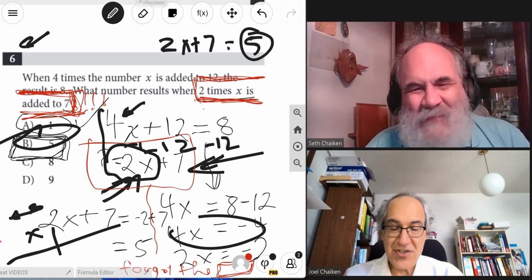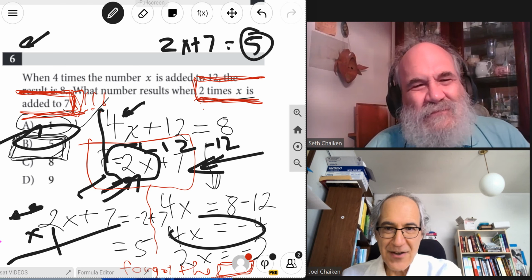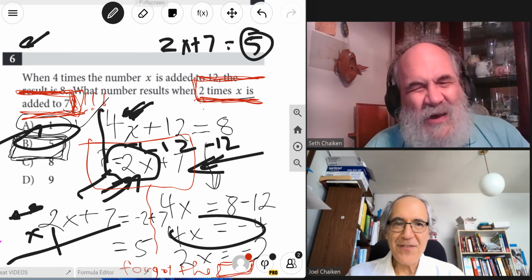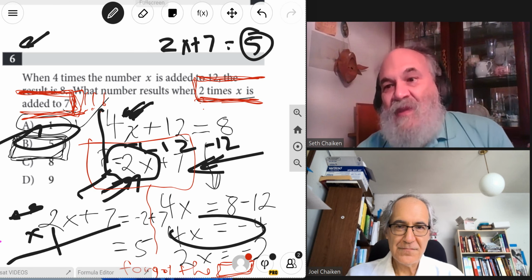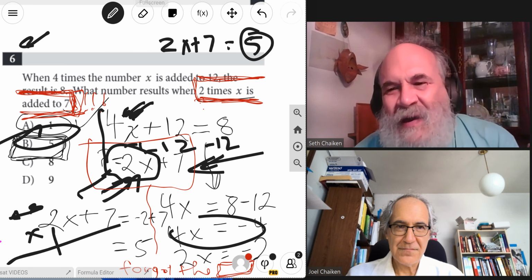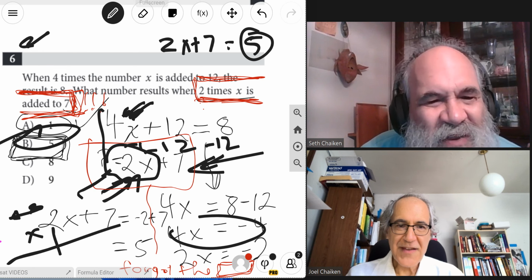The other thing is teachers have never asked you this question, right? You've never had a question in class where they've asked you to calculate 2x plus 7 given this. Right? So you've got to be ready. I suppose if they put sample questions from the SAT in your math class, you'll see this. But here you go.